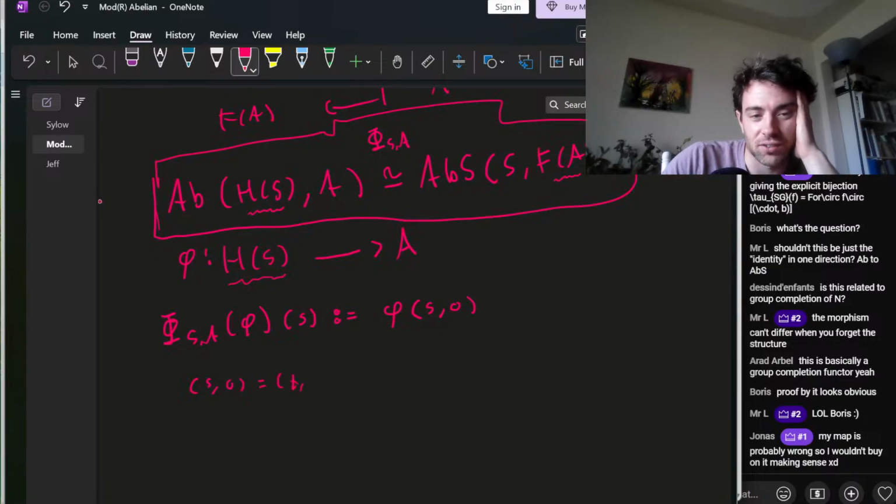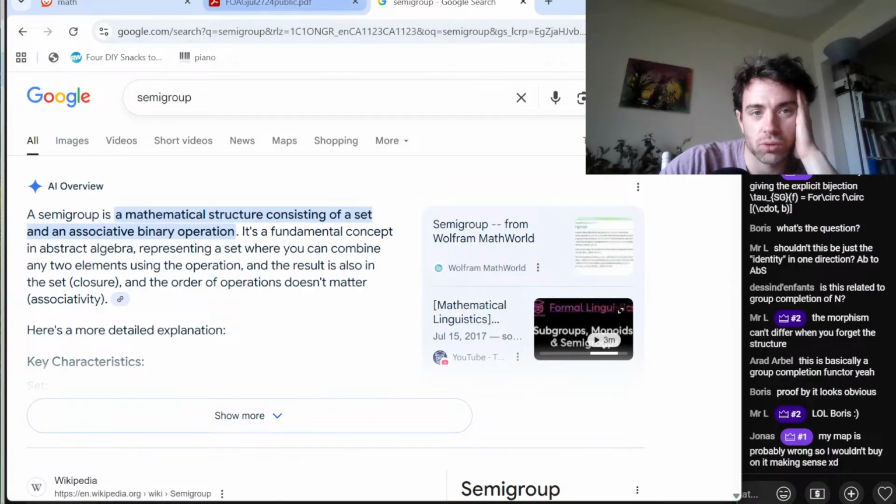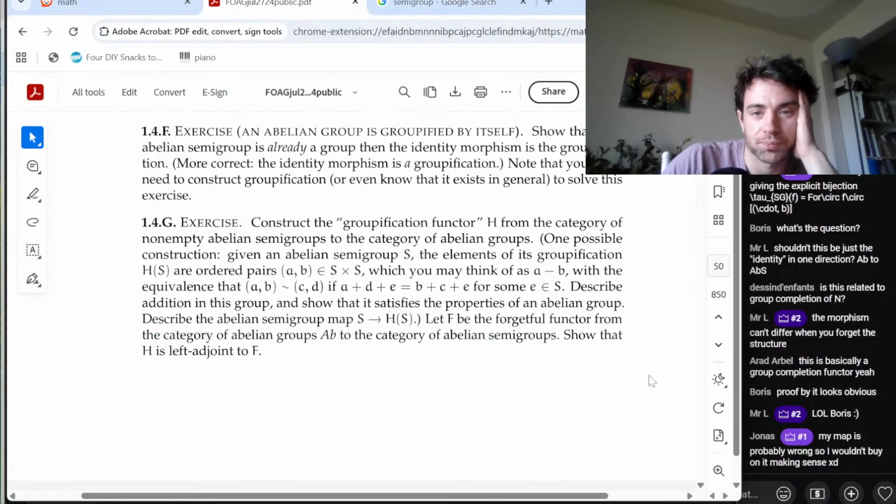But okay, if S0 is equal to T0, then what does that mean? That means that S plus E is equal to T plus E for some E in S, right? Is that our equivalence relation? Yes.